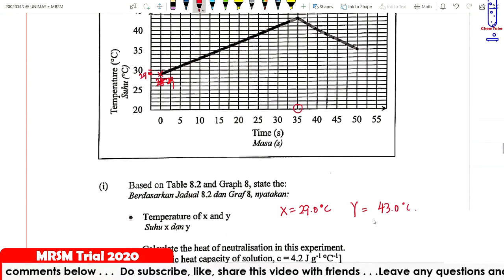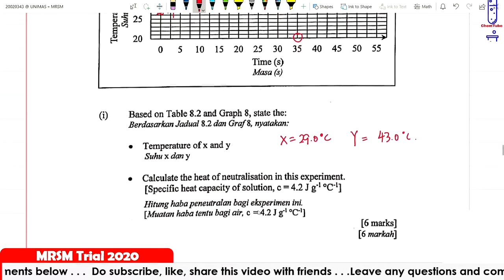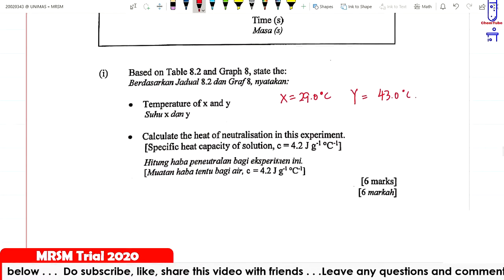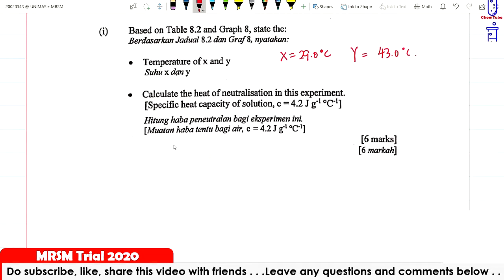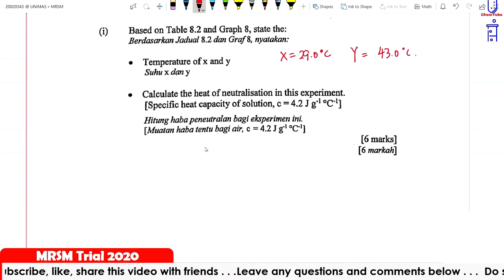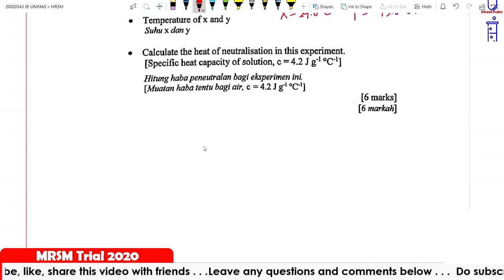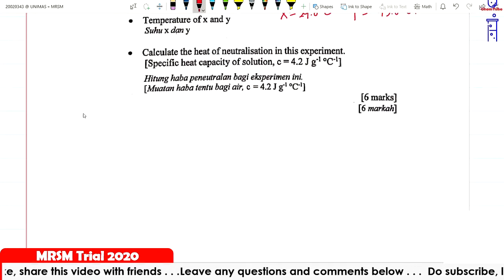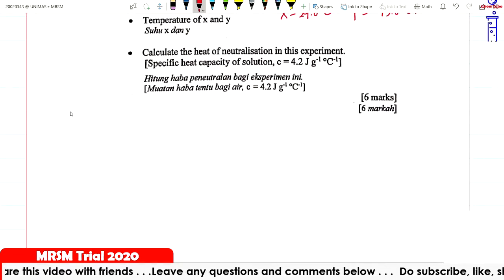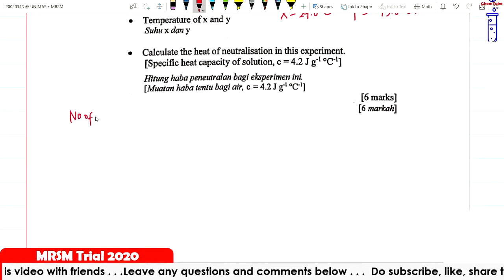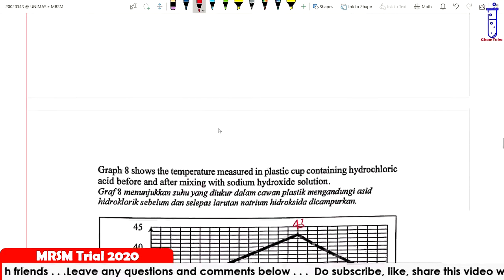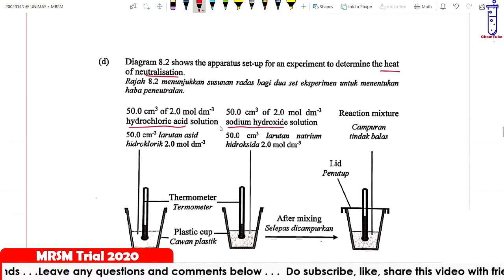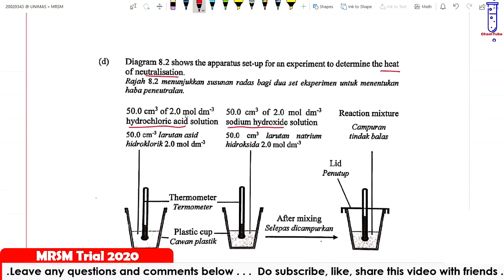Then after that we calculate the heat of neutralization for the reaction. There are 6 marks here. First we can calculate the number of moles. The moles for both acid and alkali are the same.